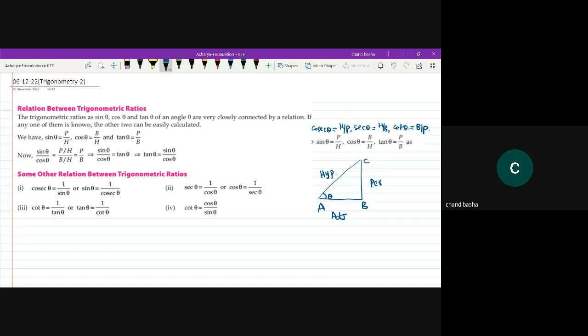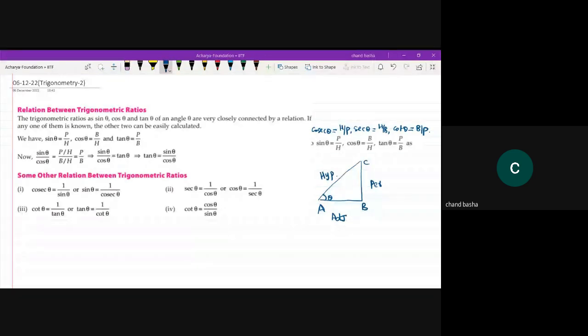By using this concept, the Pythagoras theorem, I can derive a few identities. Let's see what those are.